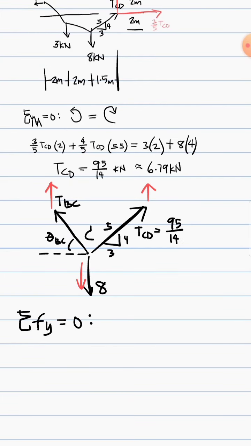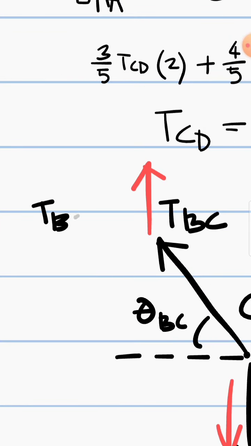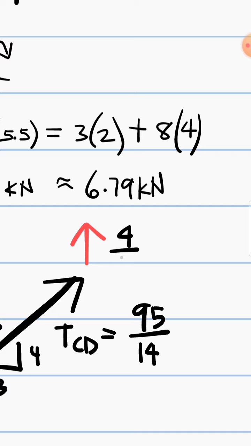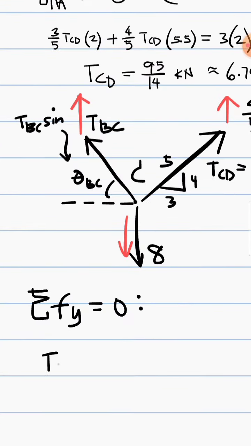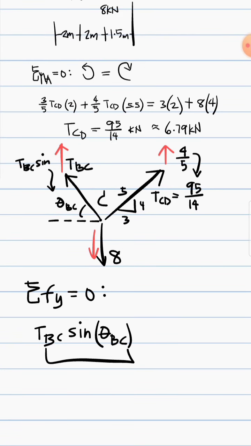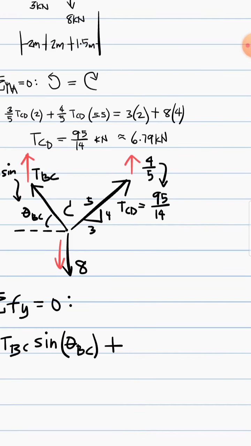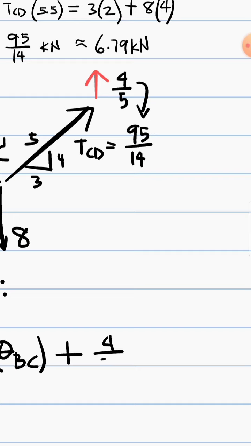Then this component is TBC sine of this angle, and this one is 4/5 of this value, right? So we will then have TBC sine of theta BC. So this is just the component of this force. And that's equal, plus, since they are in the same direction, 4/5 of tension CD.